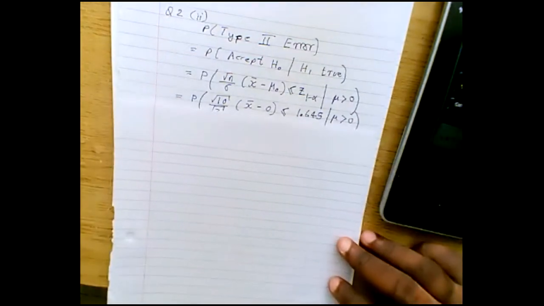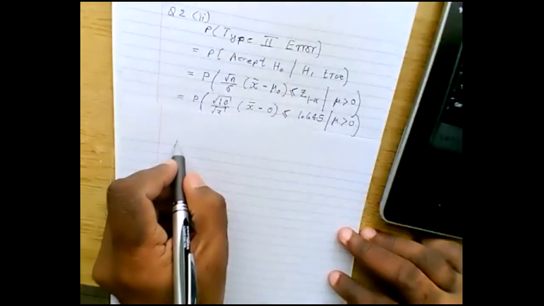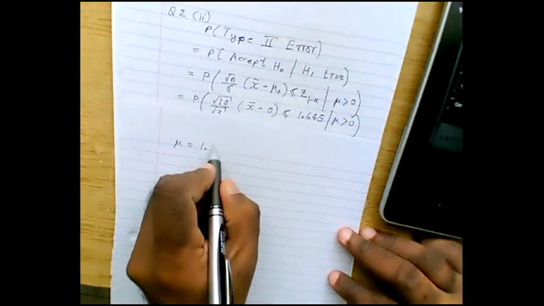So I'm going to go back to this line here, and I'm going to say that the true population mean is 1.5.